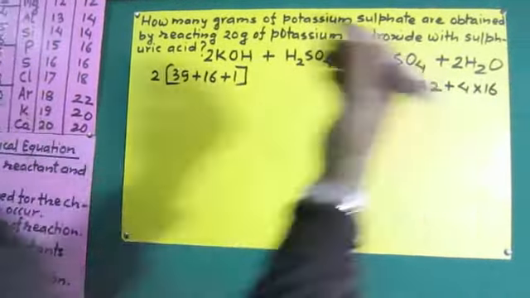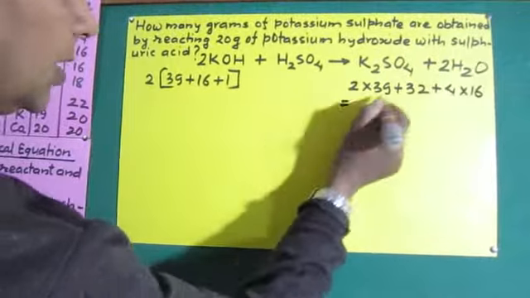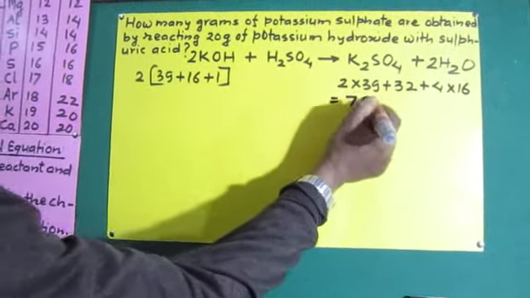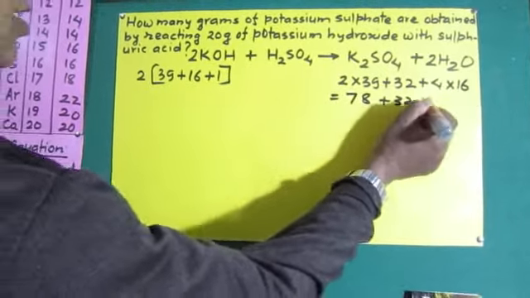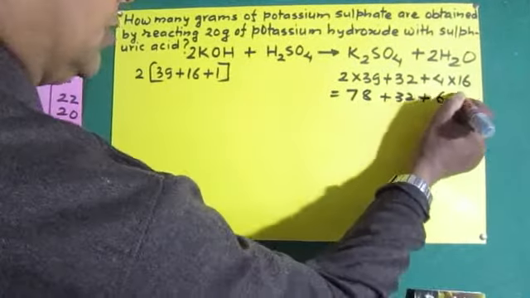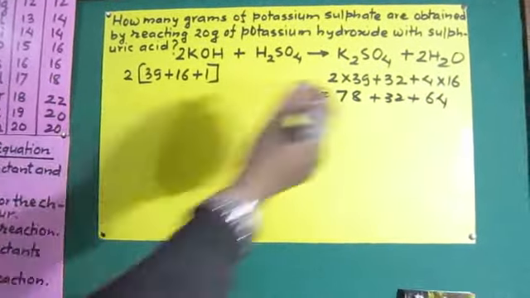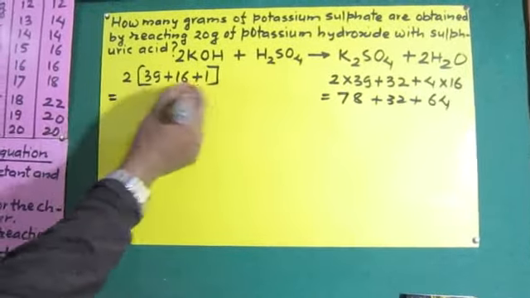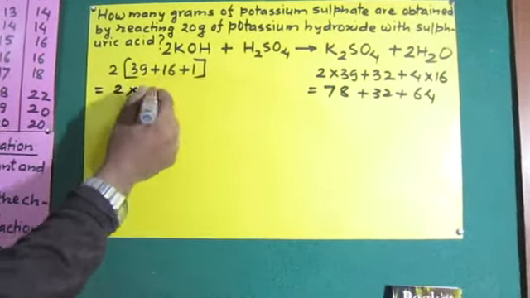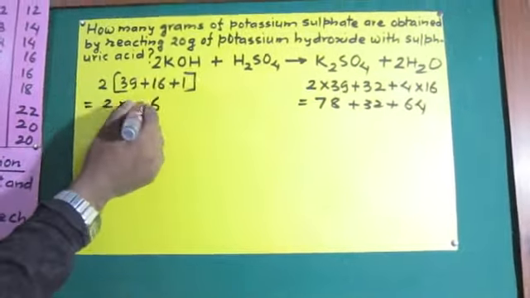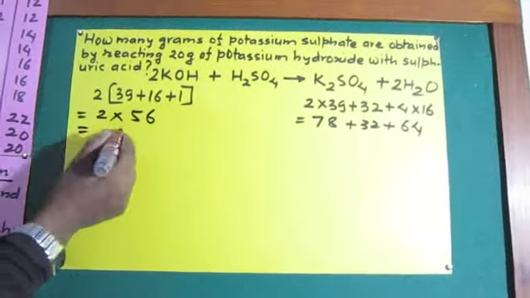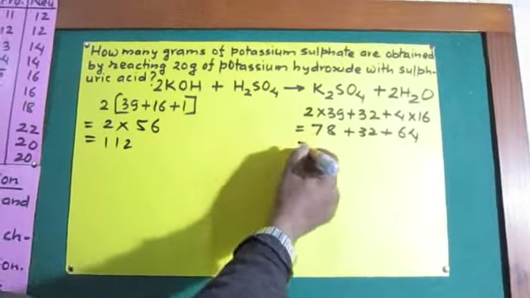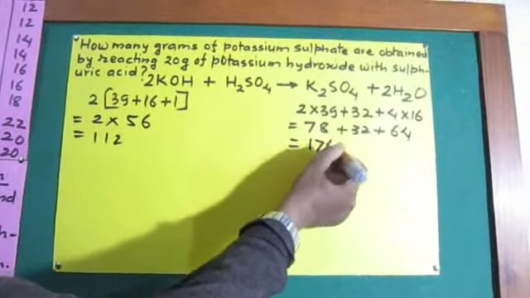And if we multiply these two, we'll get 78 plus 32 plus 64. This way, we get the result, 2 into 56, this is equal to 112, and here it is equal to 174.